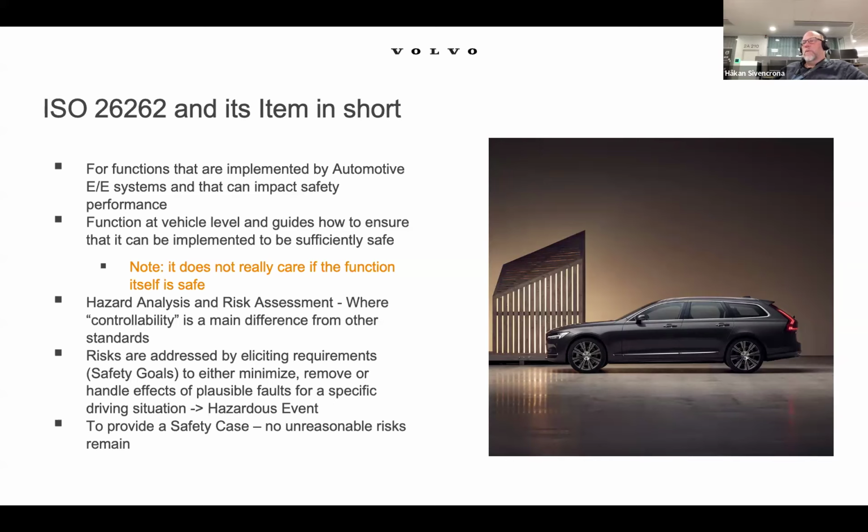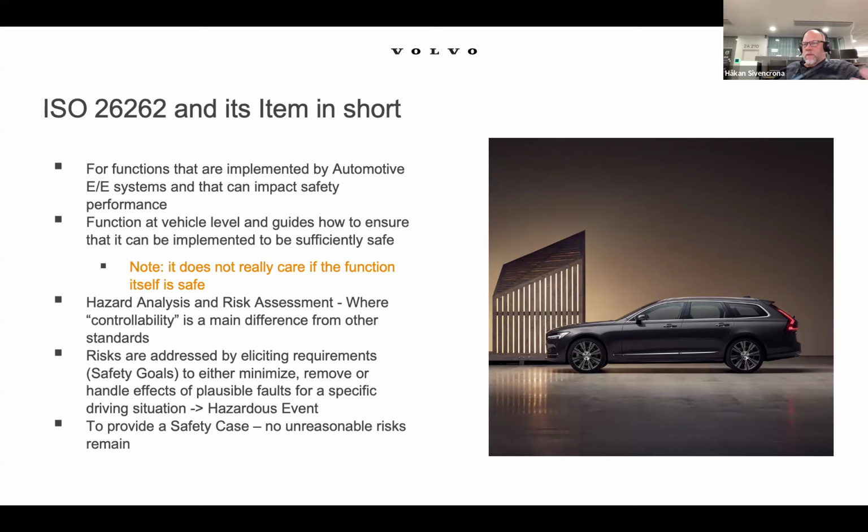So of course, you can use the ISO 262 metrics and measures on weapons, of course. But another thing that is really important to remember here with ISO 262, we also introduced controllability, which is a main difference from other standards such as IEC 61508.